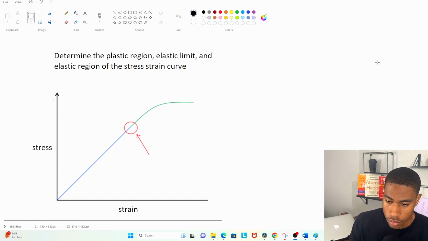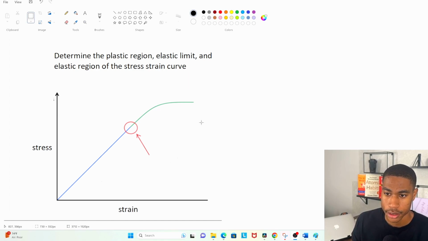Well, you have some sort of material, typically steel, that as the strain increases, the stress increases. It seems to be kind of linear at some point, and then all of a sudden it curves, and then it basically stops because it ruptures or completely deforms.